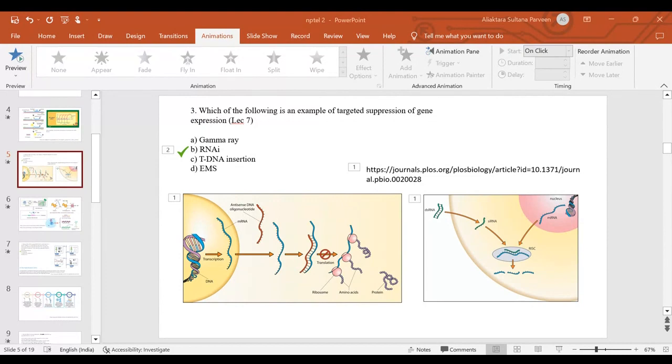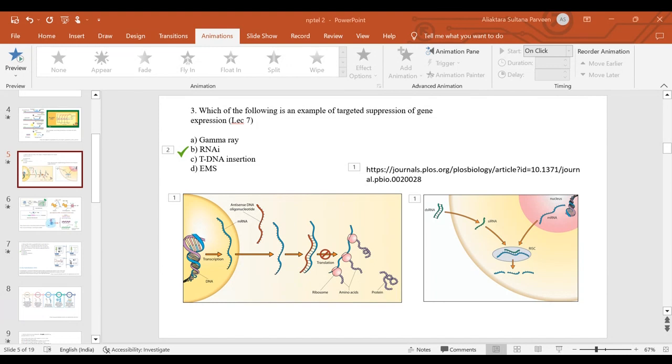Targeted suppression of gene, okay. So next, we all know about EMS mutagenesis, right? Ethyl methylsulfonate. You know that we have 4 bases: A, T, G, C, adenine, guanine, cytosine, and thymine.